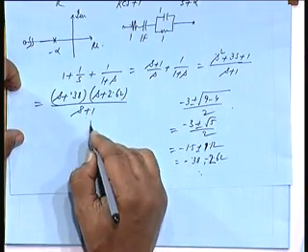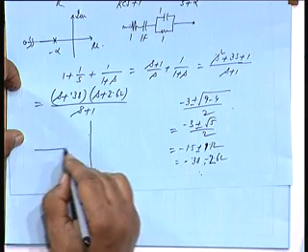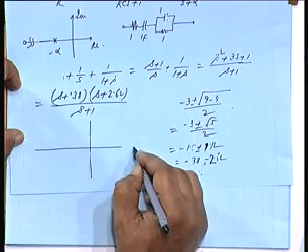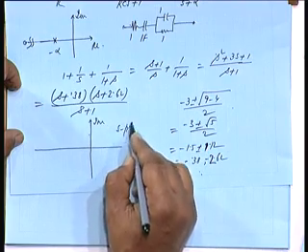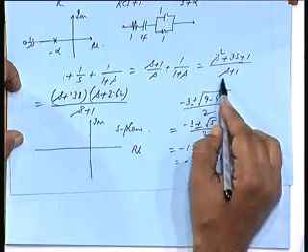So, where are the poles and zeros located for this? This is the real and imaginary axis of s plane. Okay.